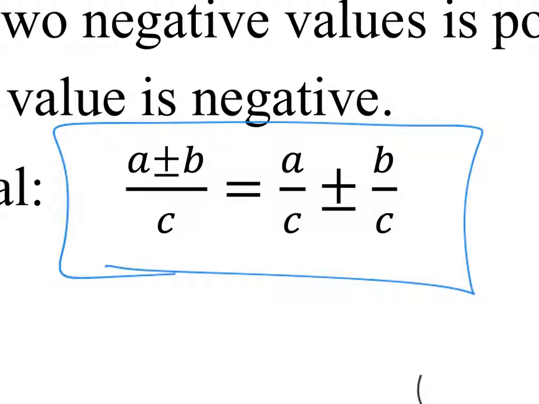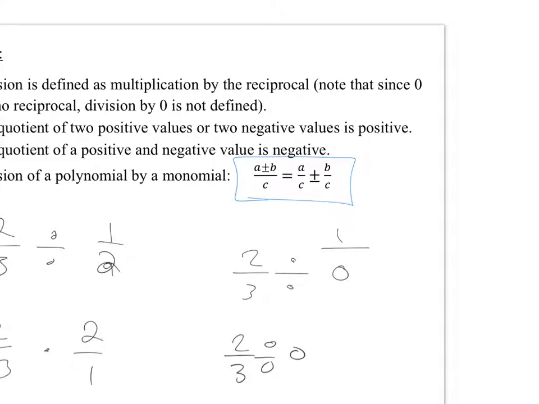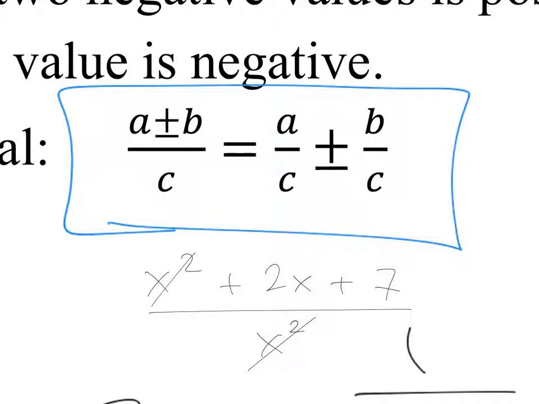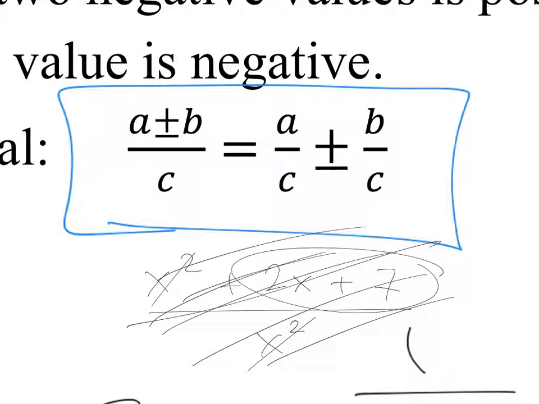And this is going to come up later in the year, and I've seen this kind of a problem on every SAT. Where they think that this can cancel with this, and that's your answer. That is absolutely not true. This is not true by any means. You cannot divide a monomial into only one term of the polynomial numerator.